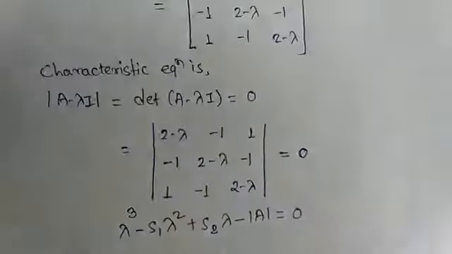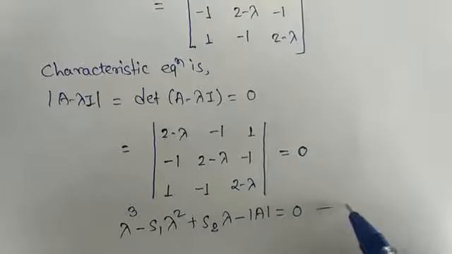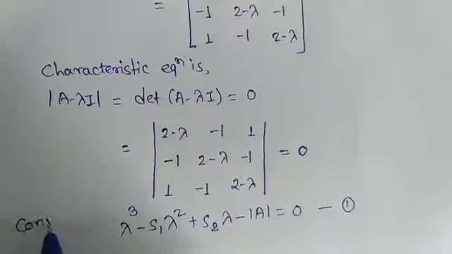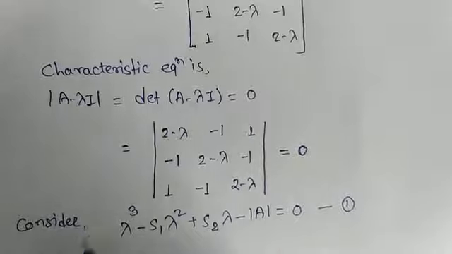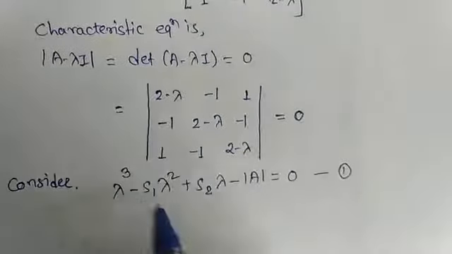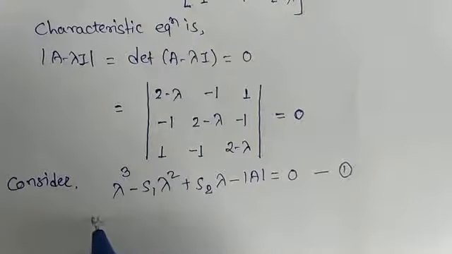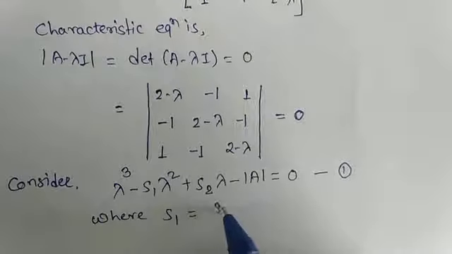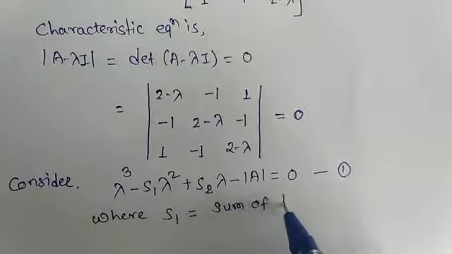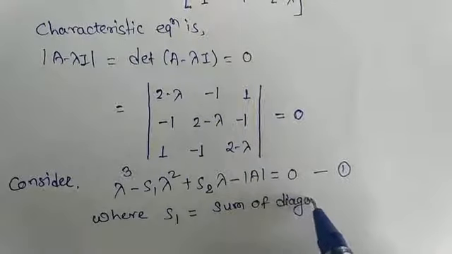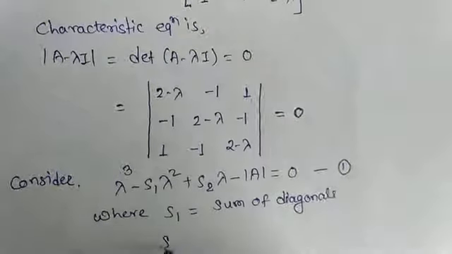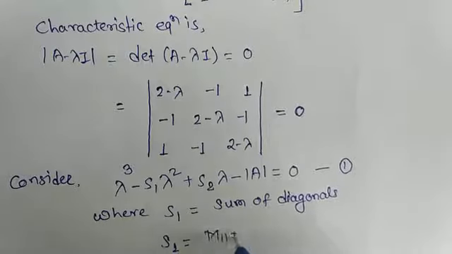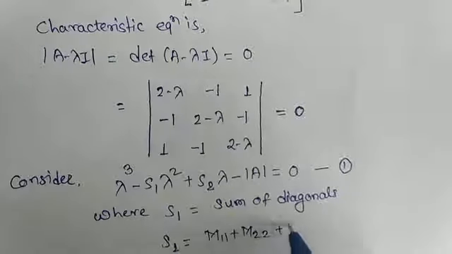We write this as equation 1. Here S1 is the sum of diagonals, and S2 is the sum of minors, M11 plus M22 plus M33.